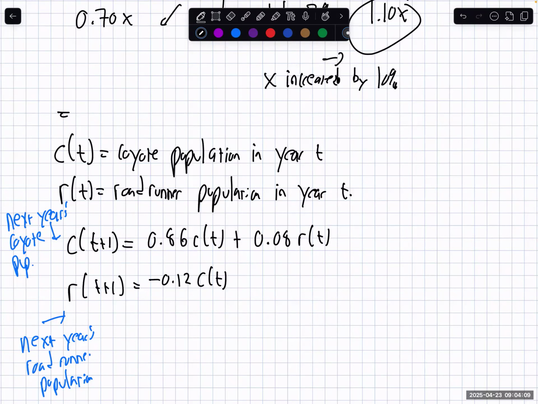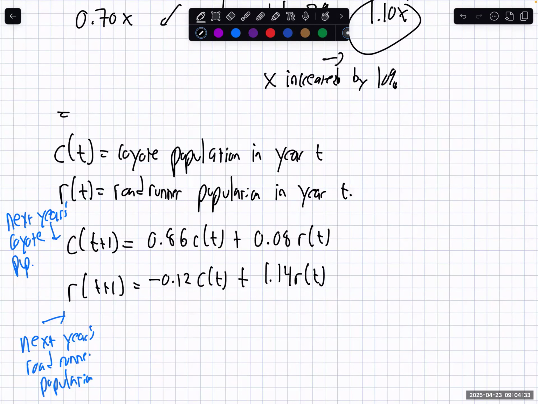And the more coyotes we have, the more that's going to decrease next year's roadrunner population.